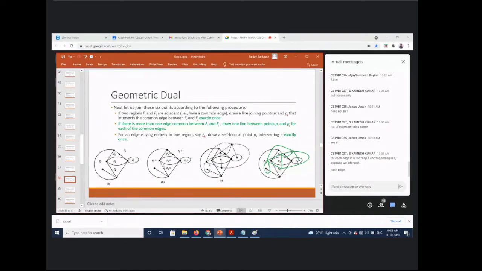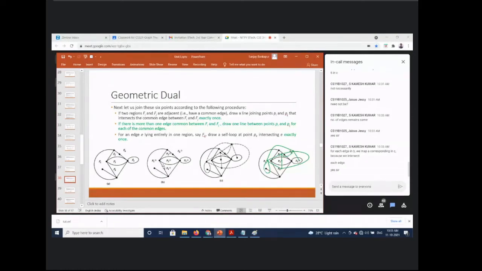Any other observations? Regions become vertices, vertices become regions, yes or no? If you closely look at this graph, probably this one will stick.